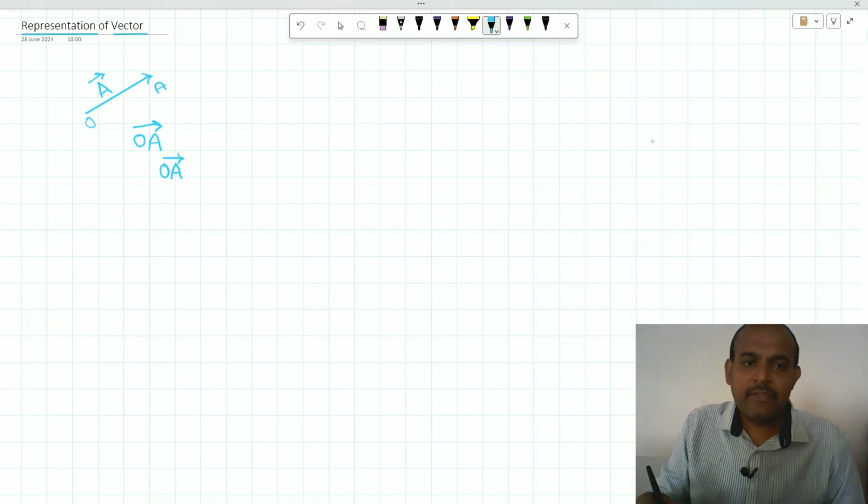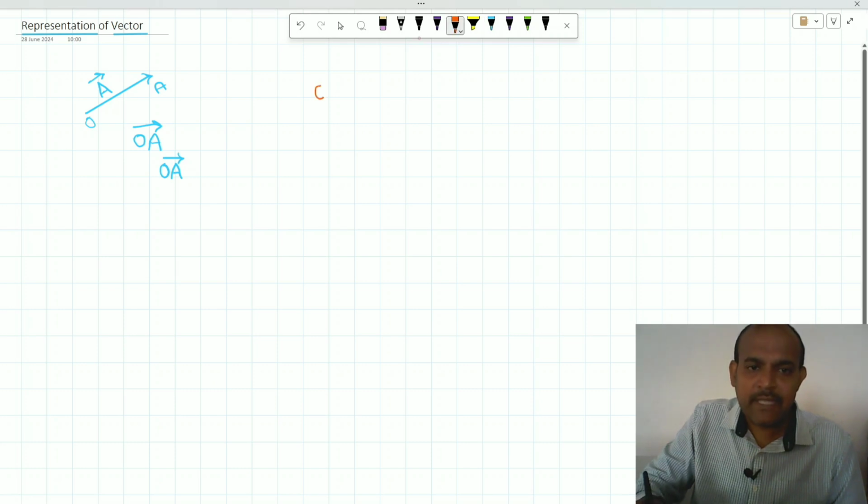Now, according to the definition of a vector, how can you represent it? Suppose I say OA is a vector, with an arrow on top, which is equal to its magnitude, which I will call the magnitude of OA. This is how I write it, magnitude of OA.